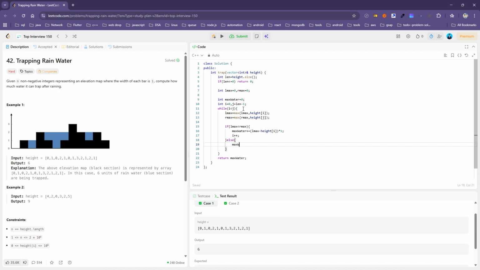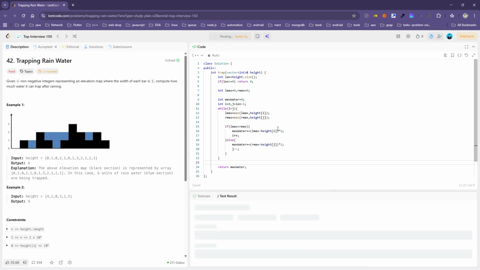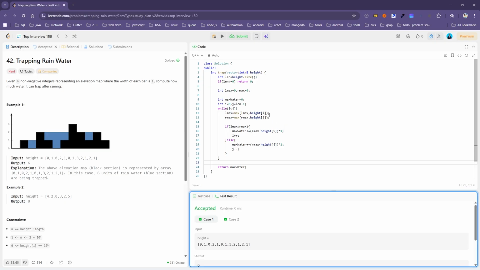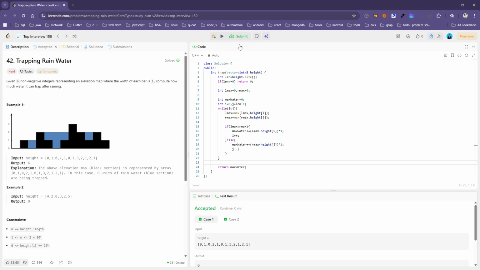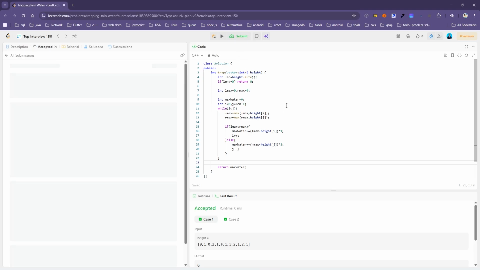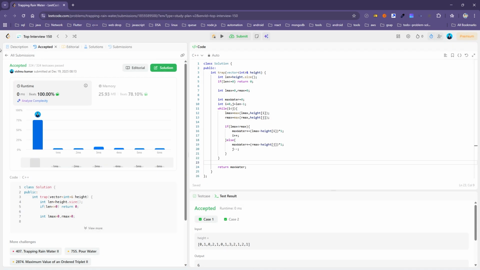Else, max water will be Rmax minus the height of j, multiplied by the width. We collected water here and now we'll move backward. And finally we'll return the max water. So let's see. Our initial test case has been passed and now we will submit this. And our solution got accepted.